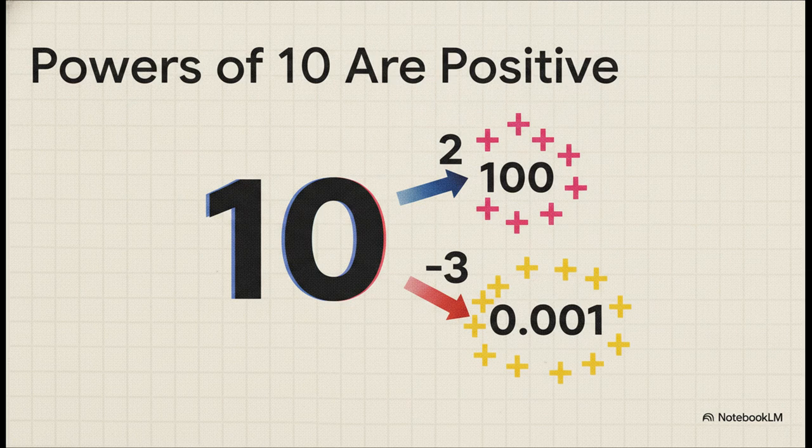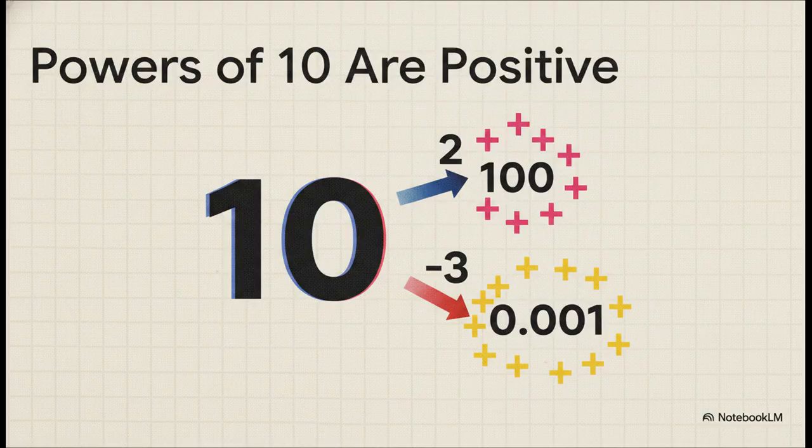We actually get a positive decimal, 0.001. No matter what crazy number you put in that exponent spot, whether it's positive, negative, or a fraction, the result of 10 to that power is always going to be greater than 0. Therefore, you literally cannot raise 10 to any power and get 0 or a negative number as your answer. Since the output is always positive, we can only ever take the log of a positive number.